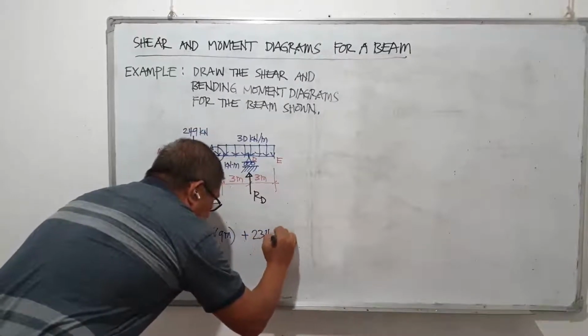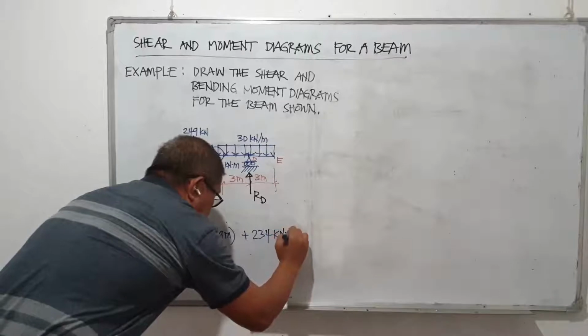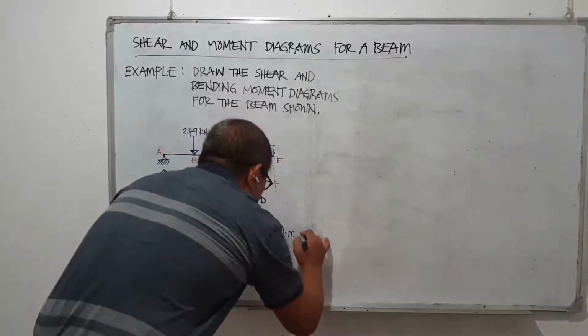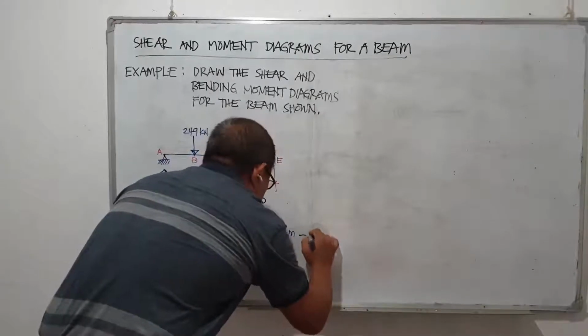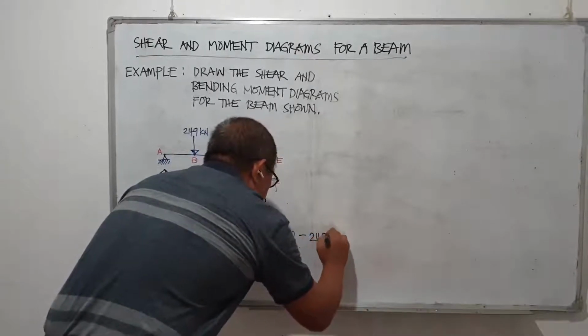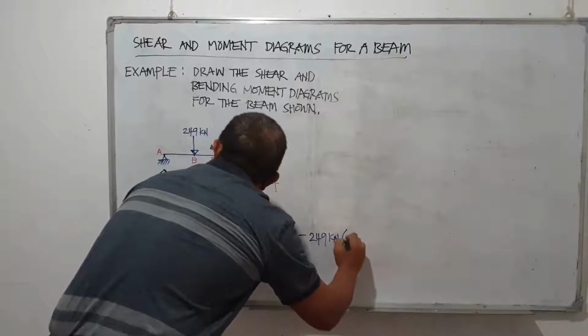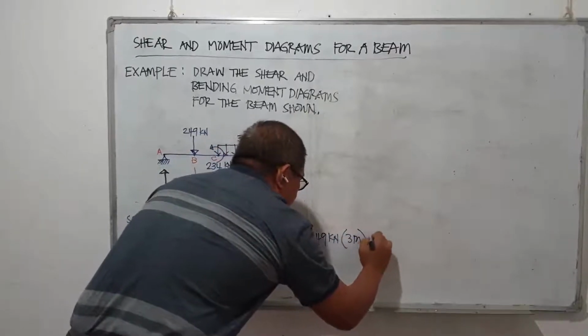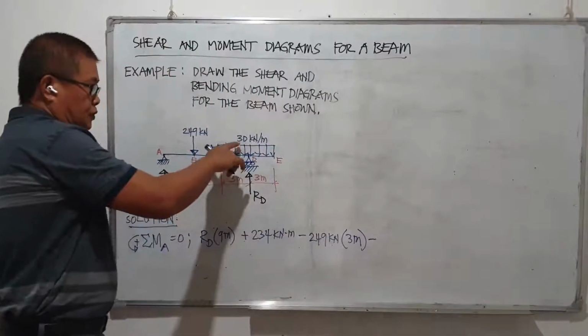234 kilonewton meters, and minus 249 kilonewtons times its moment arm from point A, 3 meters, and also minus the moment of the uniform load.